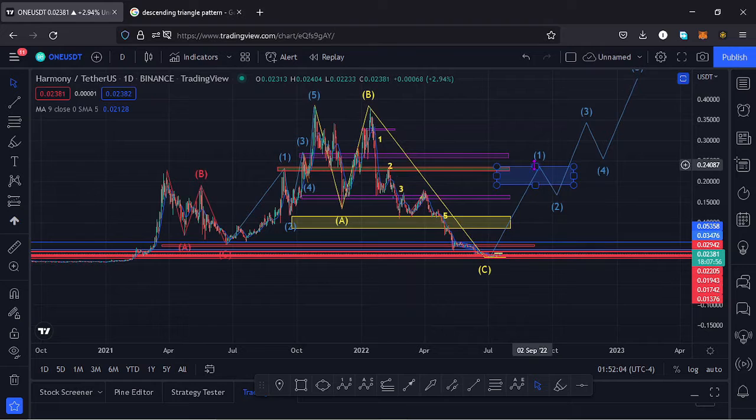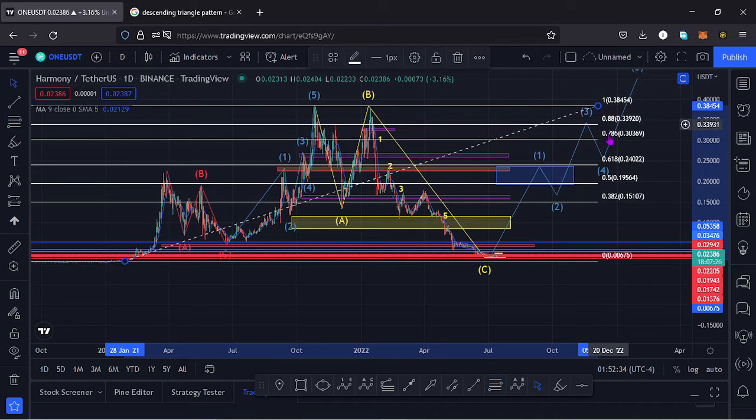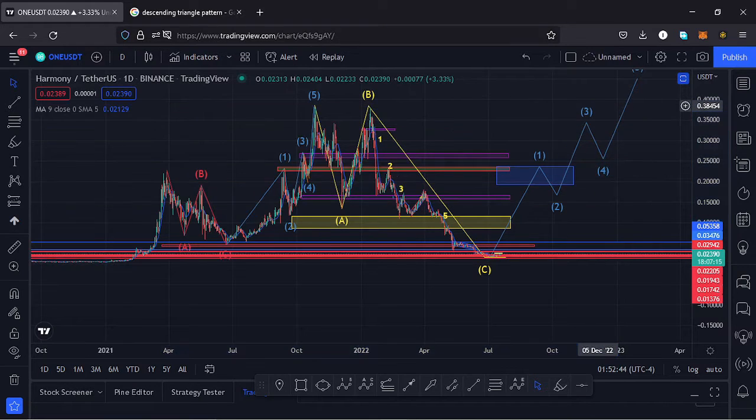I have this blue target area on the chart, which is the minimum that I expect that wave 1 to do, which is the area between the $0.24 mark and the $0.19 mark, and I'm getting that target area using the Fibonacci's. If I apply the fibs here, you can see that the blue target area lies between the fib level 0.618 and the fib level 0.5, which is the minimum that I expect that wave 1 to the upper side to do.